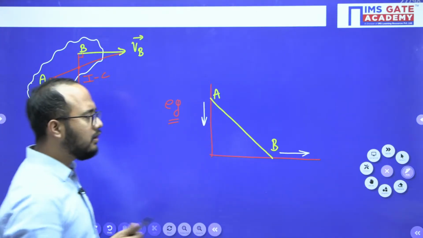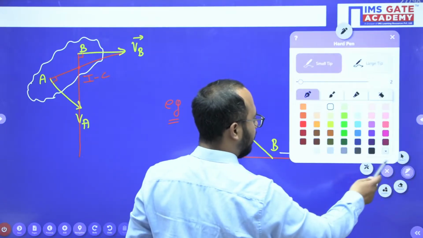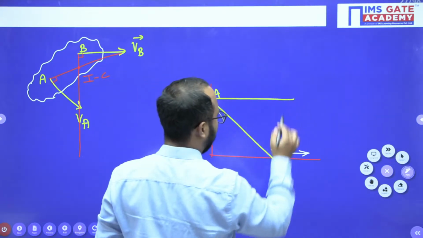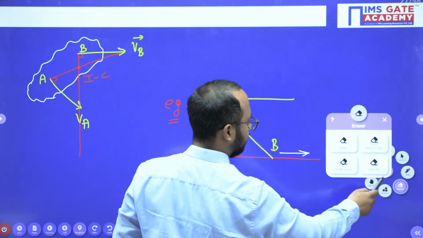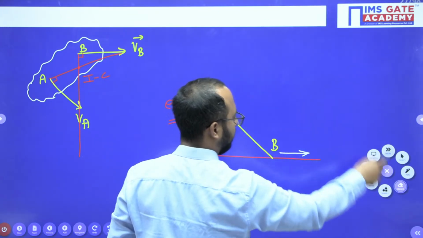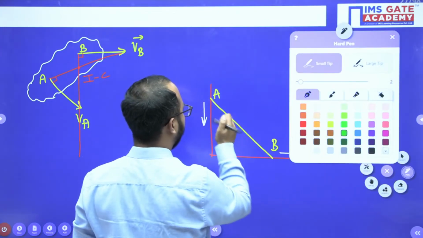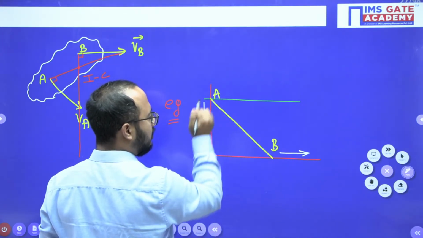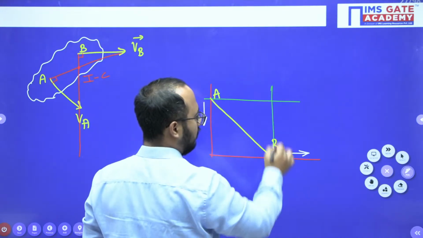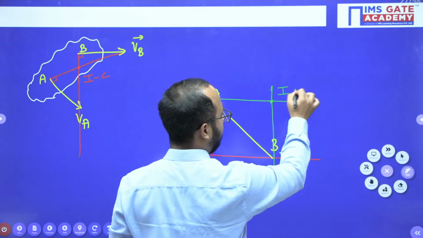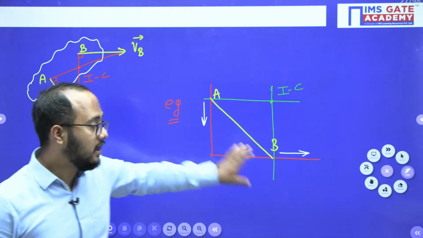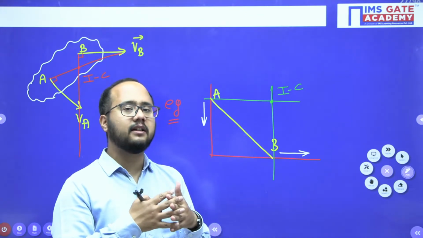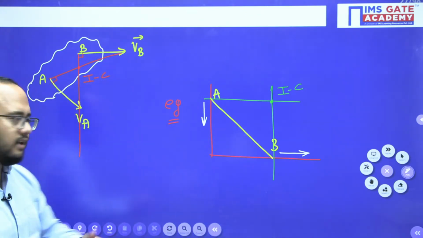You will draw a line perpendicular to each velocity vector, like this. Wherever the lines are intersecting, that point is nothing but the I center itself. I hope this point is clear.